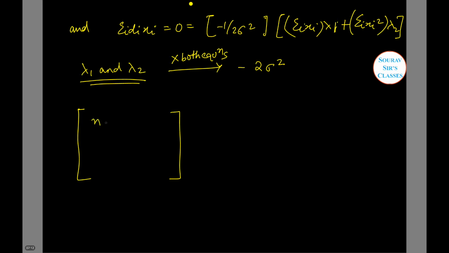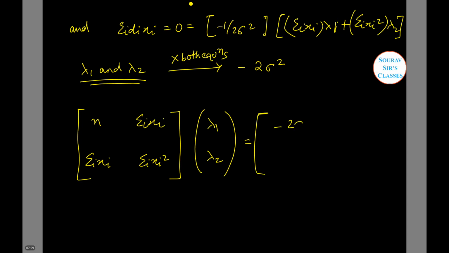So it is the matrix n, summation xi, summation xi, summation xi square, times lambda 1, lambda 2, which is equal to minus 2 sigma square and 0.